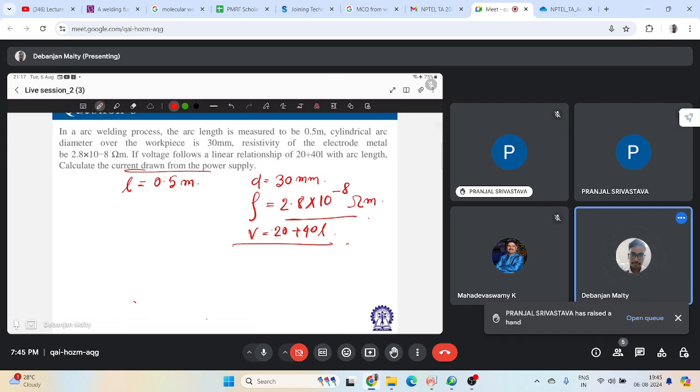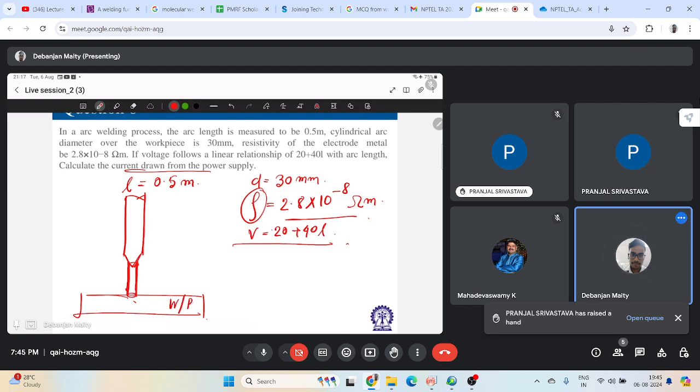If this is the resistivity, you can estimate the resistance of the electrode material, right? So if this is your electrode, this is your arc, and my arc is cylindrical in nature, so I will draw it as a cylinder.